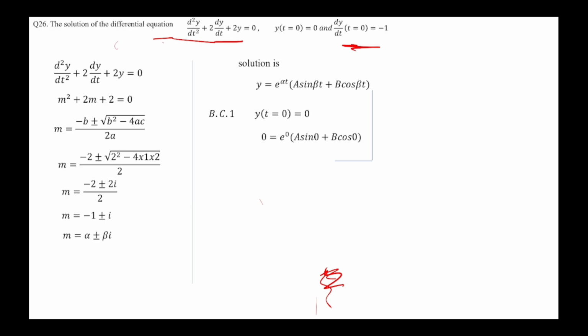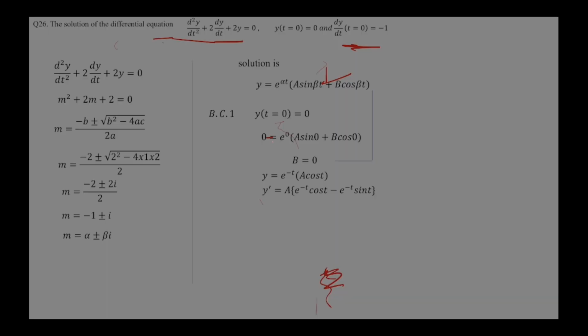Putting the values of y and t, we get b equal to 0, and putting b equal to 0 in this equation, we get y equal to e to the power minus t times a cos t.